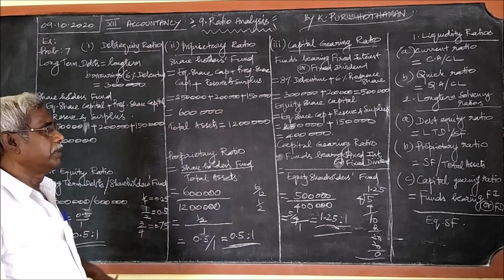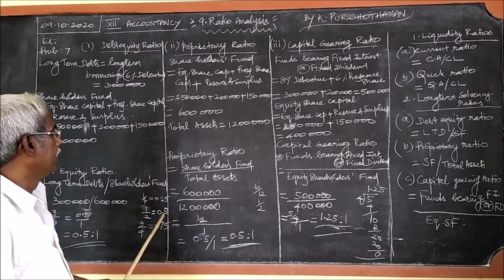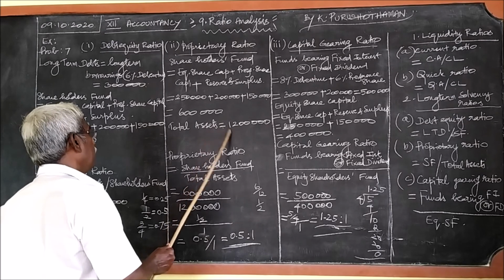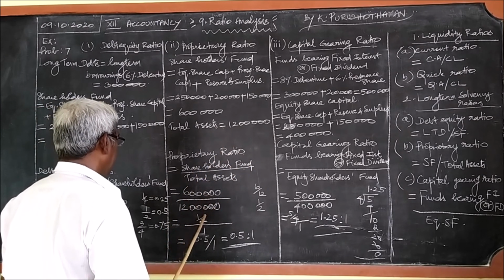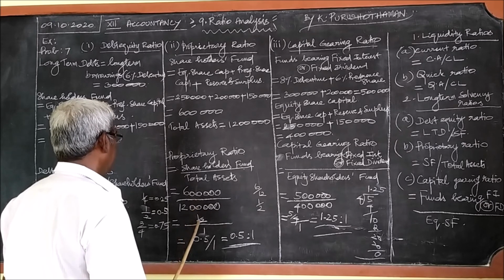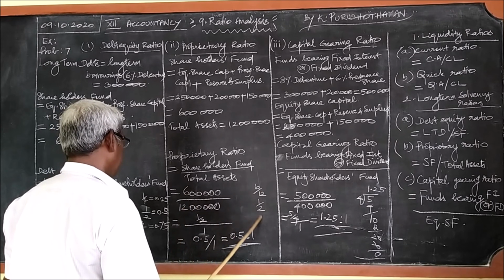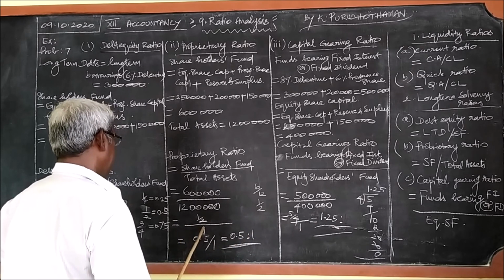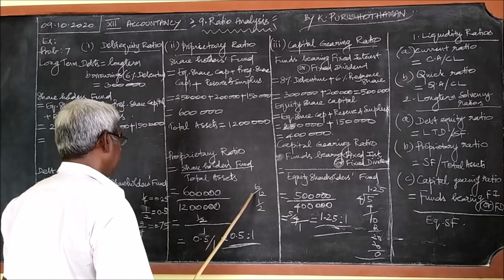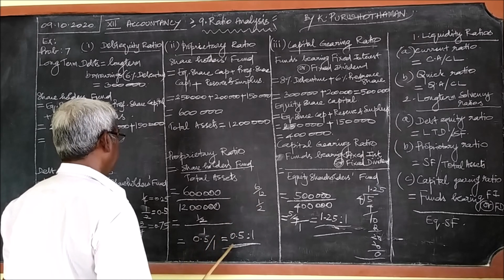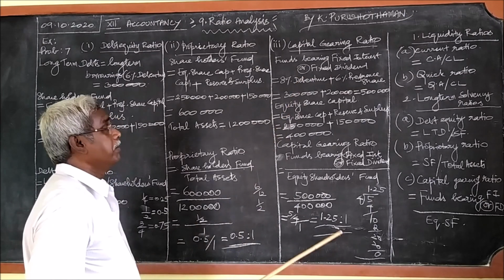But luckily, in the sum itself, the total assets is given, so you can make use of it. Total assets is 12 lakhs. You can write 6 lakhs by 12 lakhs. Simplified, it is 1 by 2. In the denominator you always put 1. That is, 1 by 2 is 0.5. Therefore, the answer is 0.5.